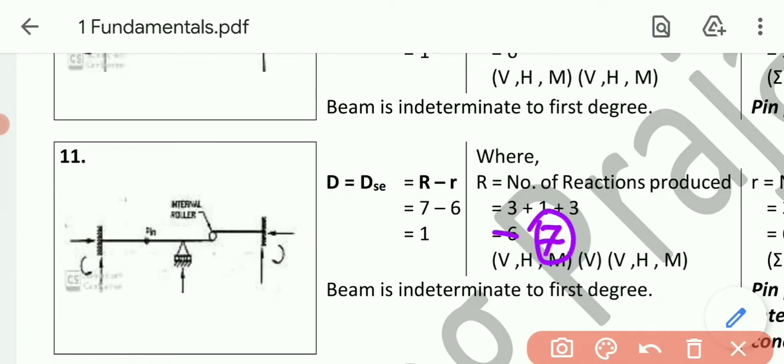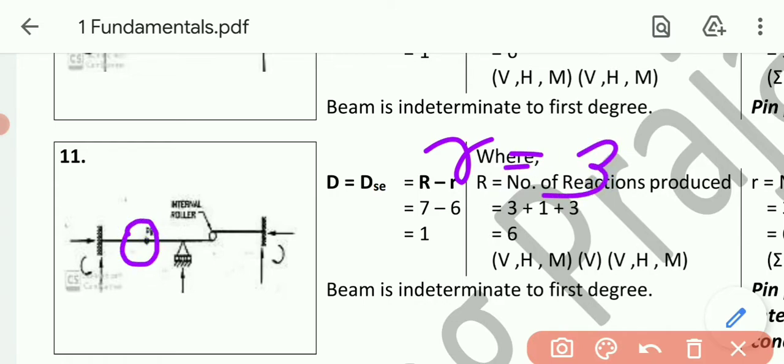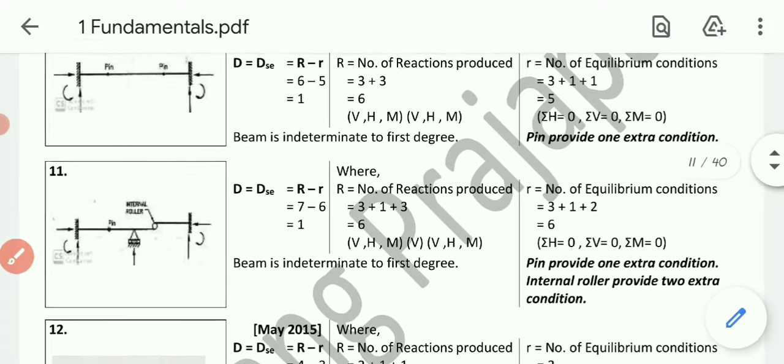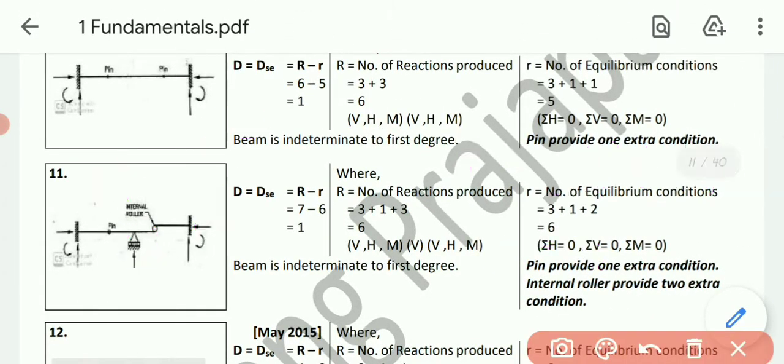Okay, this one. Now talking about small r, we usually take small r as 3, but over here a pin is there, so pin provides one extra condition, so plus 1, as well as over here an internal roller is there. We have seen in the theory that an internal roller provides 2 extra conditions, so plus 2. So ultimately small r's value will be 6. Over here I have given the explanation also.